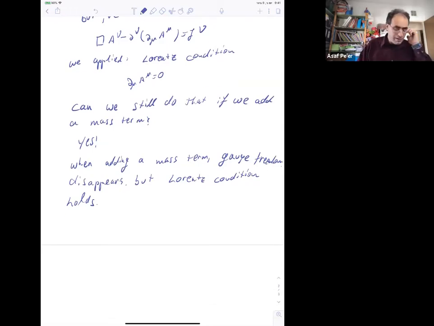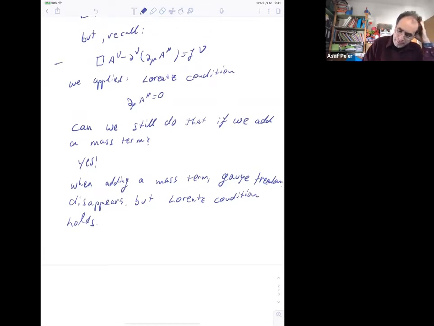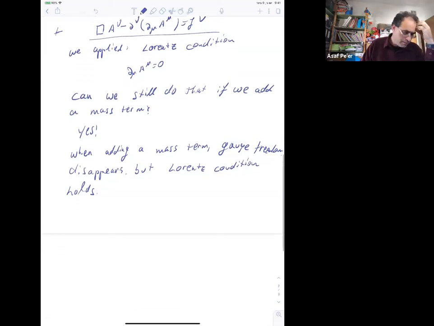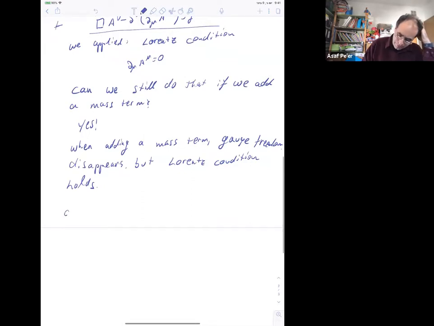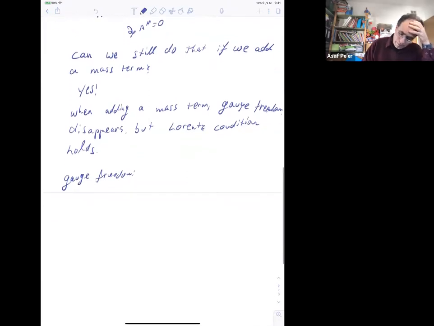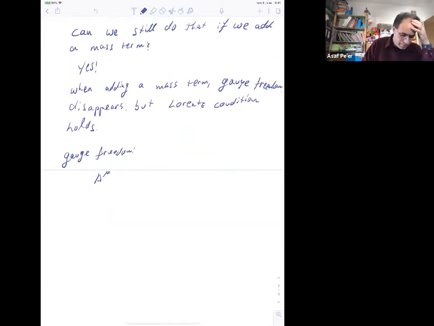So what is the gauge freedom, right? That we can take the non-homogeneous Maxwell's equation and change the potential. A_mu goes to A'_mu, which is A_mu plus d_mu lambda of some lambda, and the equation is not going to change.